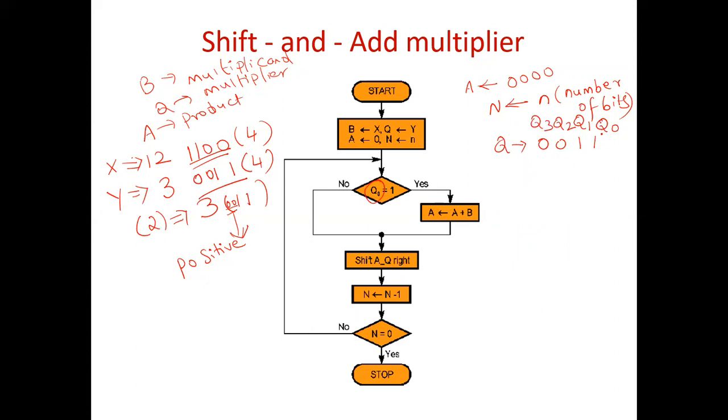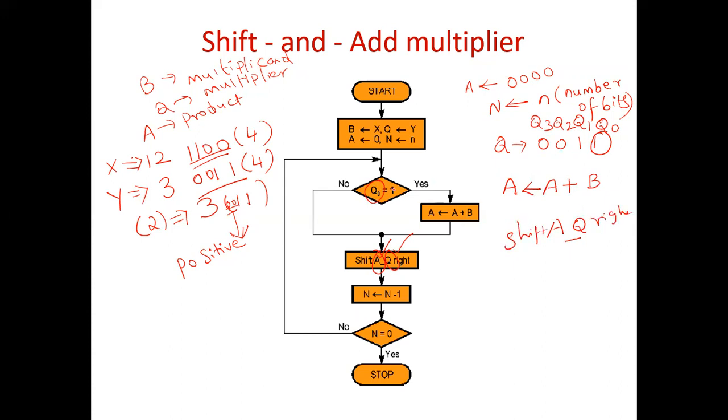If my Q naught is 1, I have to add my A with the multiplicand B, and that result will be stored in A. Then I have to perform the shift right operation for both variables A and Q. Very important: I am not shifting only the A value, I am shifting A and Q. That's why A underscore Q. Shift A underscore Q to the right side.